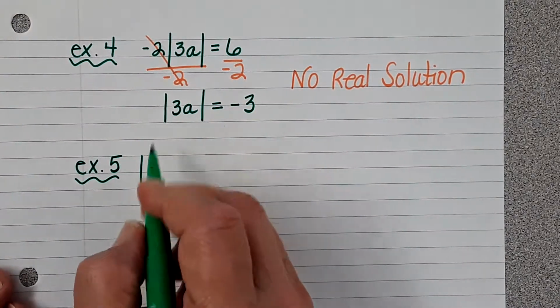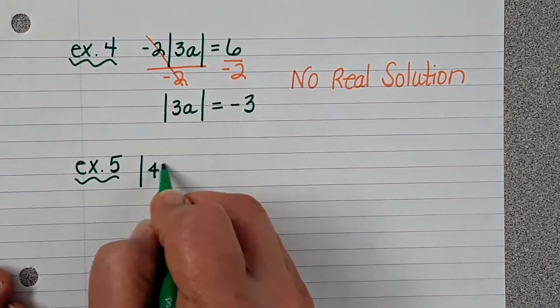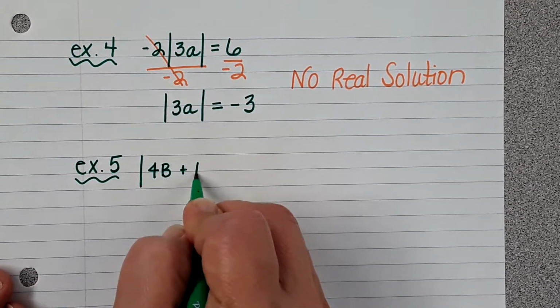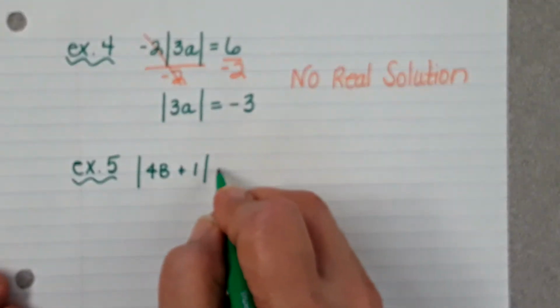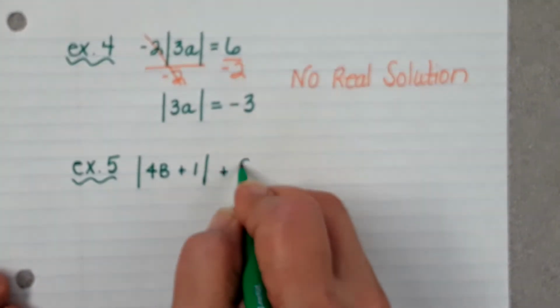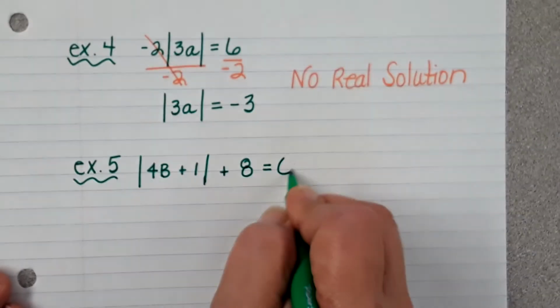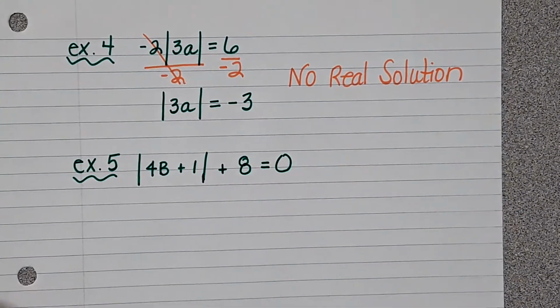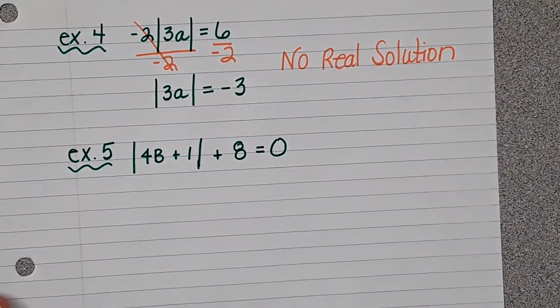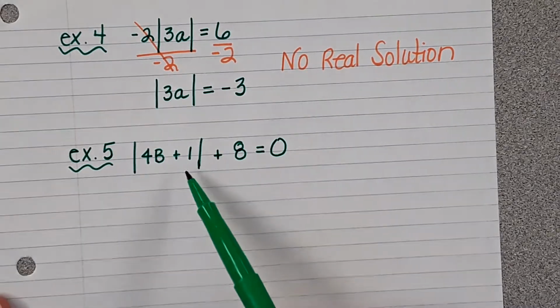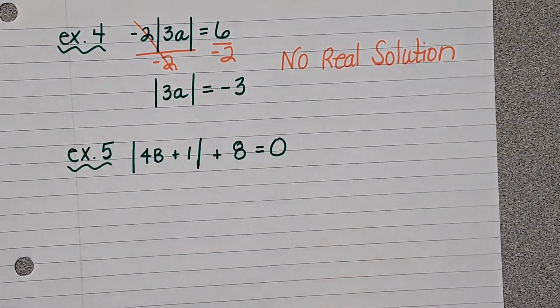We have the absolute value of 4b plus 1, plus 8 equals 0. So the absolute value of 4b plus 1 plus 8. You want to get the absolute value by itself.